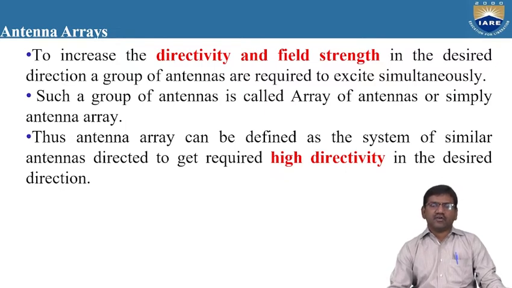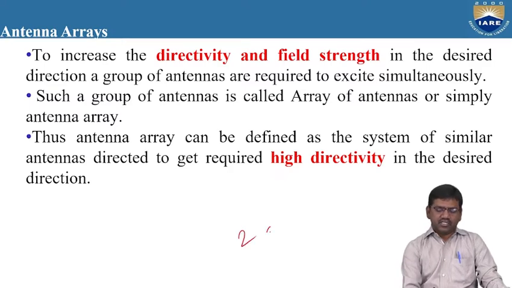The best example of an array is the Yagi-Uda antenna. As we have seen in earlier sessions, a Yagi-Uda antenna consists of a group of directors along with the dipole antenna and the reflector, and the number of directors may be from 2 to 40. The maximum number of directors we can use in a Yagi-Uda antenna is 40.